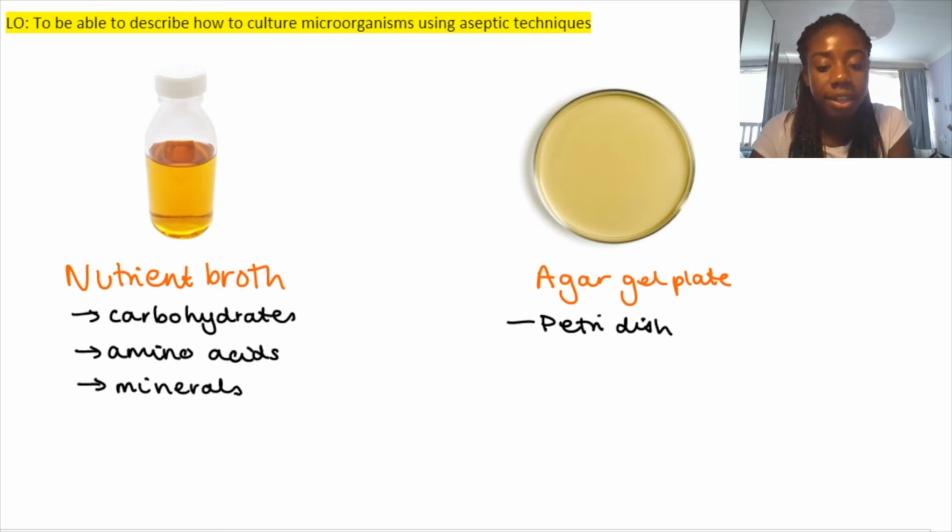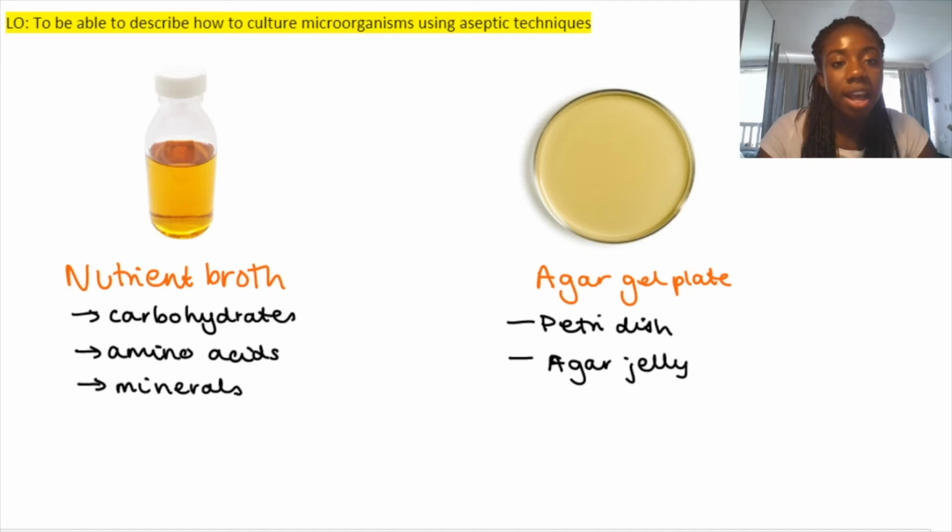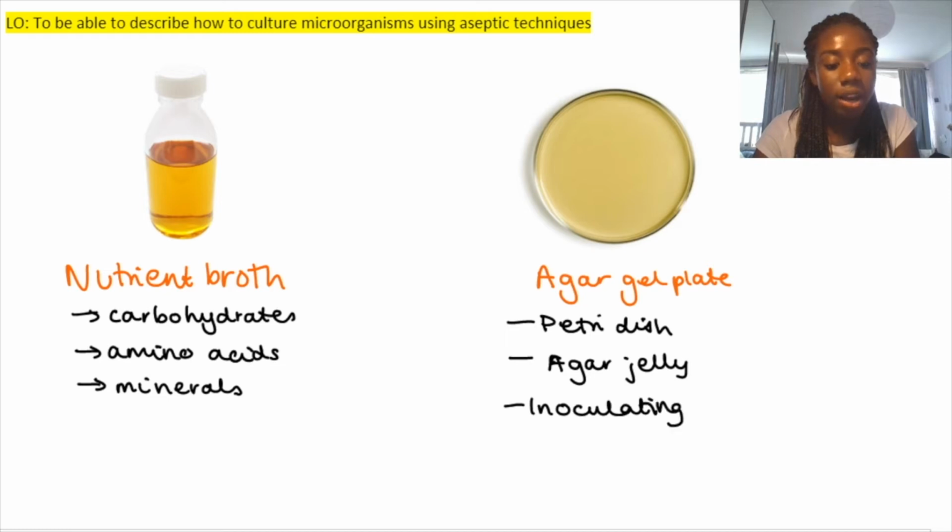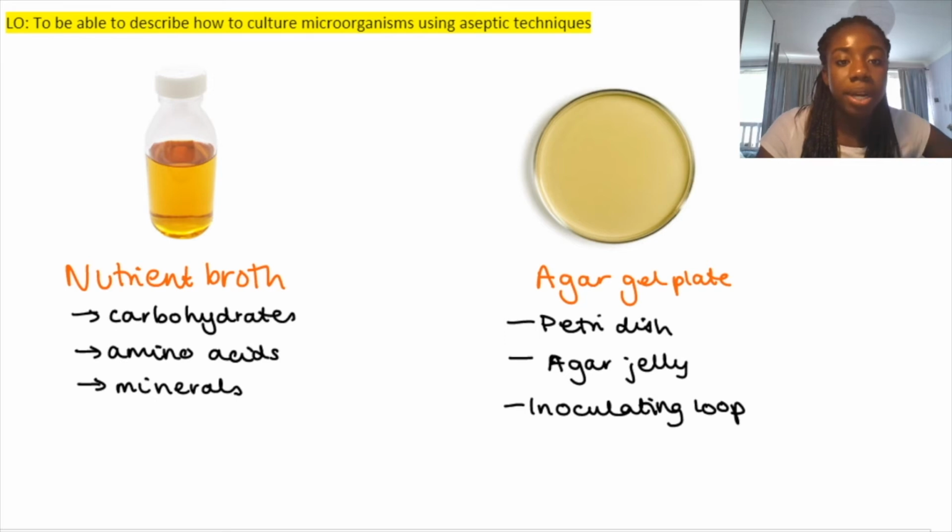And we also have some agar jelly, which is hot and sterilized when it's poured into our petri dish, and then it will solidify, and it basically provides a platform for our bacteria to grow. In order to transfer or to grow bacteria on our agar gel plate, we need an inoculating loop, which is essentially a loop of wire which we can dip in our nutrient broth. We can spread it over our agar gel plate to make our bacterial culture.